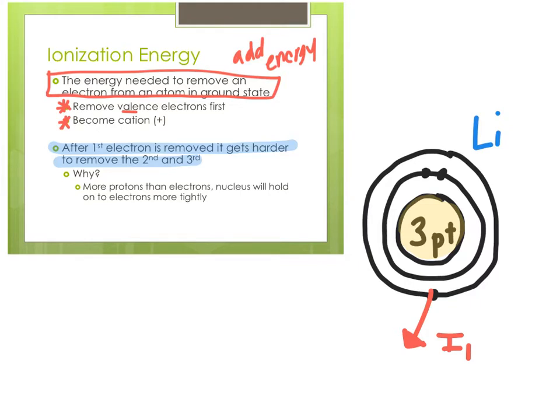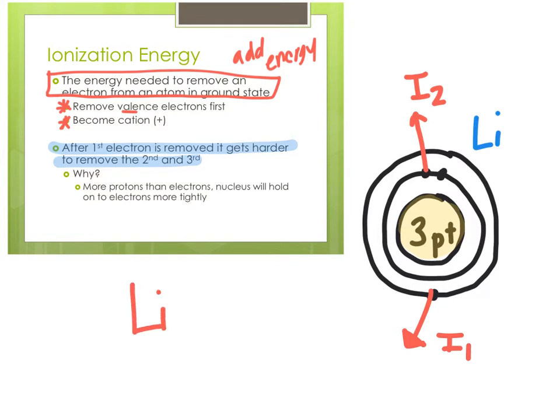If we were to add a greater amount of energy, enough energy to remove a second electron, we would call this the second ionization energy, and that second ionization energy is always going to be greater than the first ionization energy. The nucleus is going to hold on even tighter to its 2 electrons once it's already lost 1 electron.